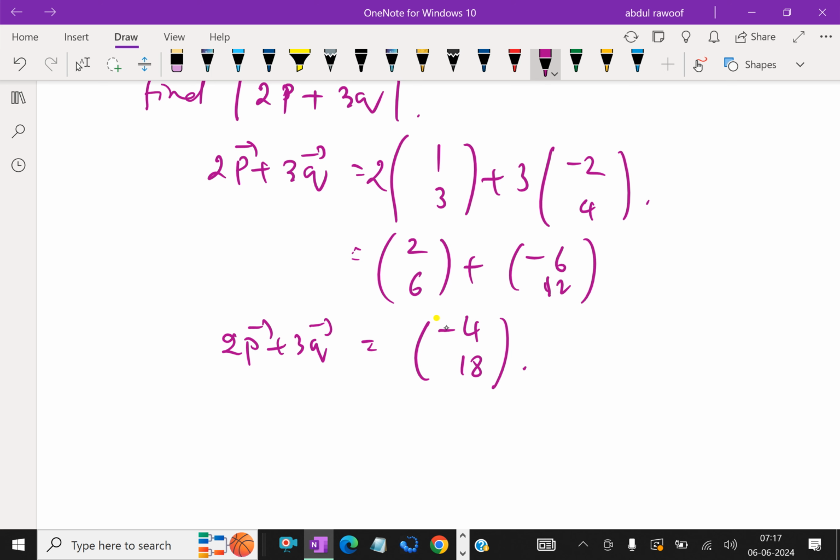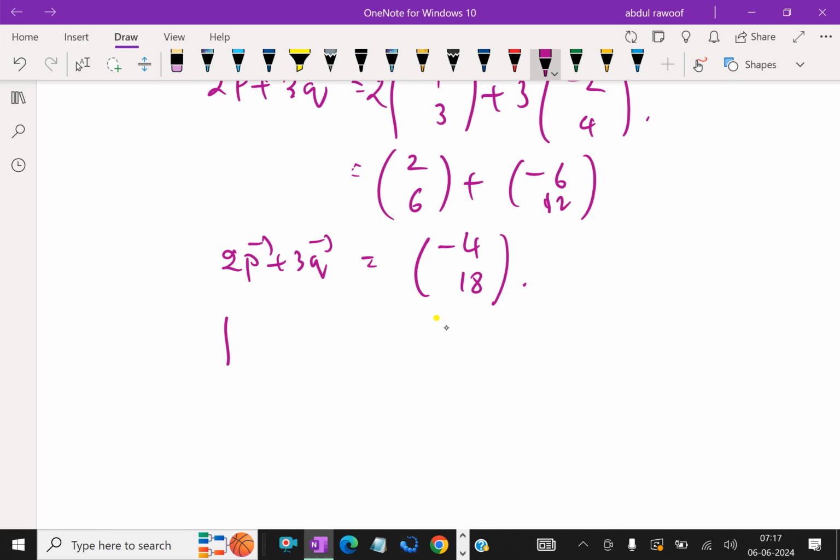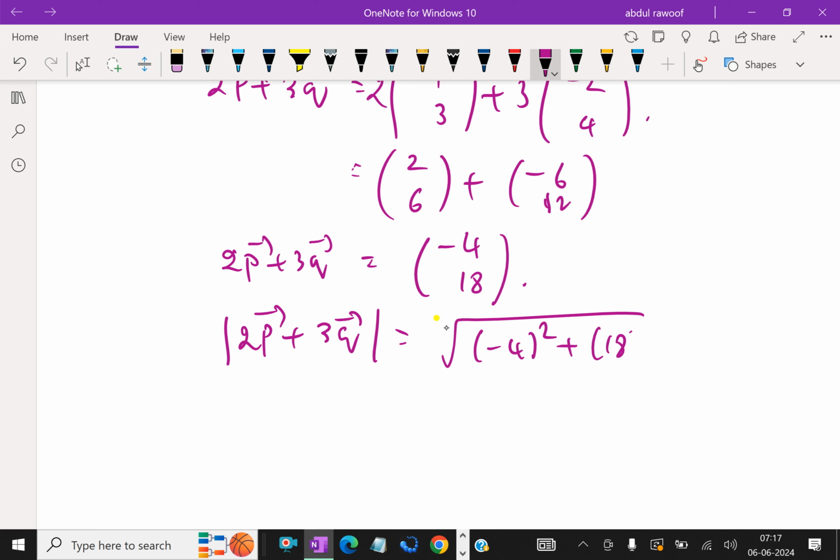Then we need the length of this vector: the modulus of 2P plus 3Q equals the square root of minus 4 squared plus 18 squared. Let us calculate these values.